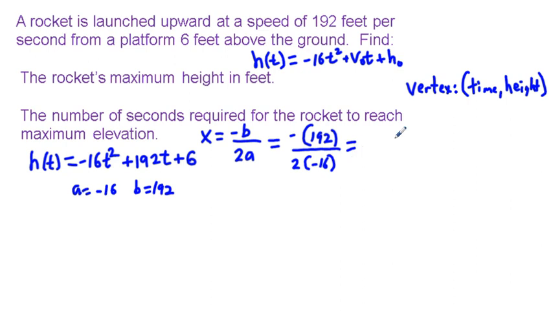So we have negative 192 over 32. So I'm going to put, that's going to cancel out. So I'll put 192 divided by 32. And how many times is this going to go in here? Let's see. 1, 2, 3, 4, 5, 6, is it?